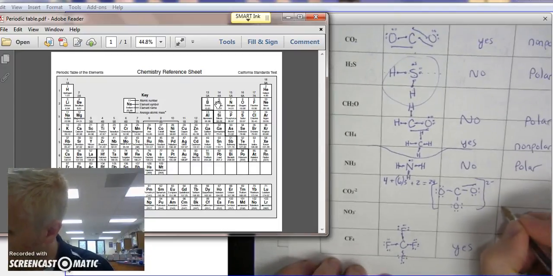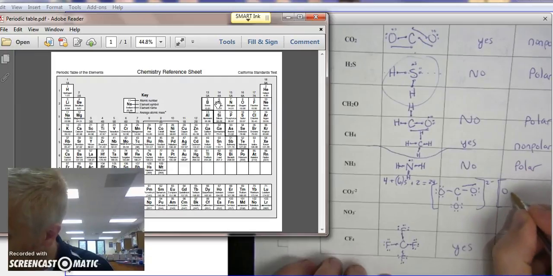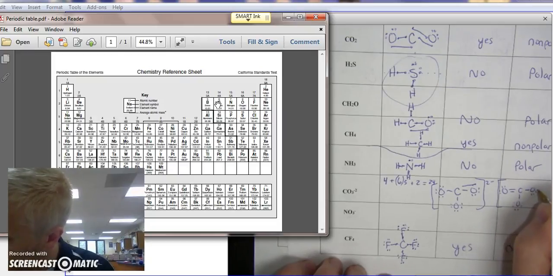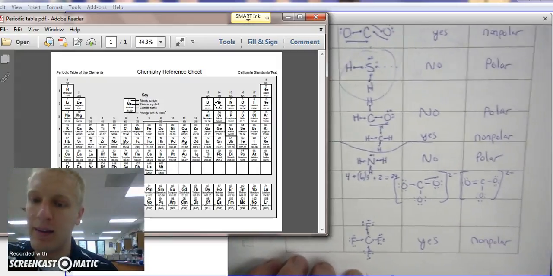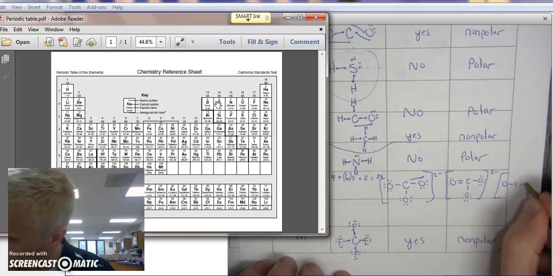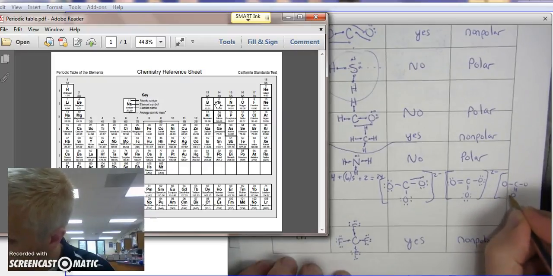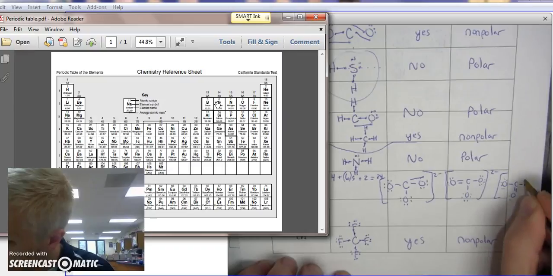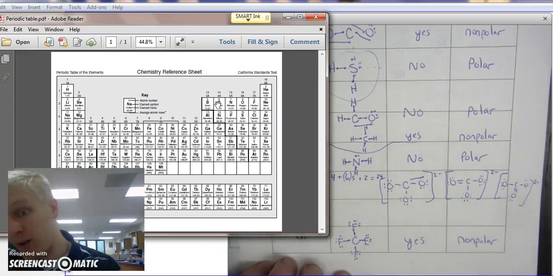And we have to draw the same picture, only with the double bond on a different oxygen. Got these. And it's in brackets with a 2-. And then one more. And those are the 3 structures.